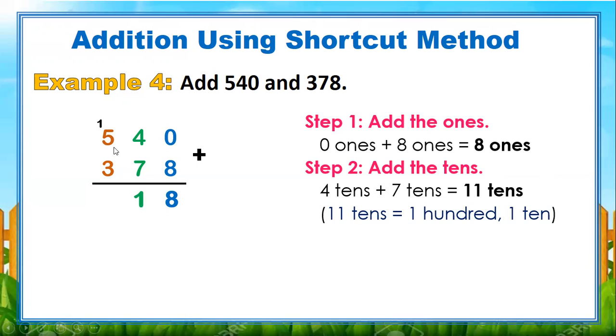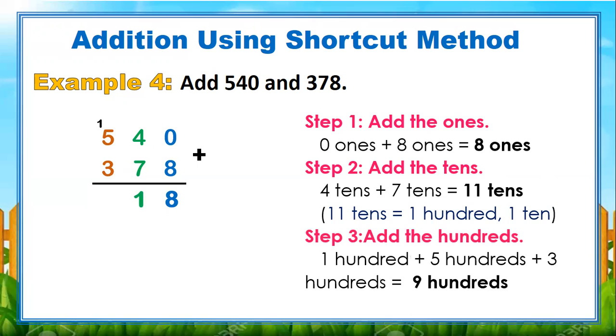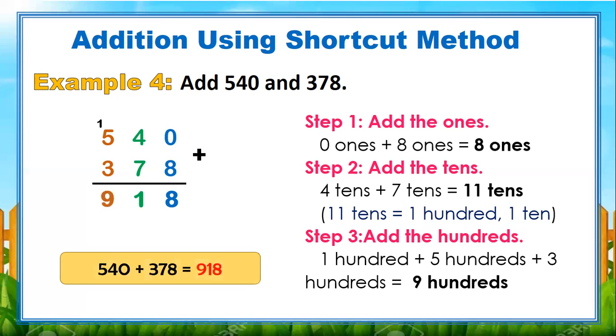So 1 plus 5 plus 3, or 100 plus 500 plus 300 is equal to 900. Therefore, 540 plus 378 is equal to 918.